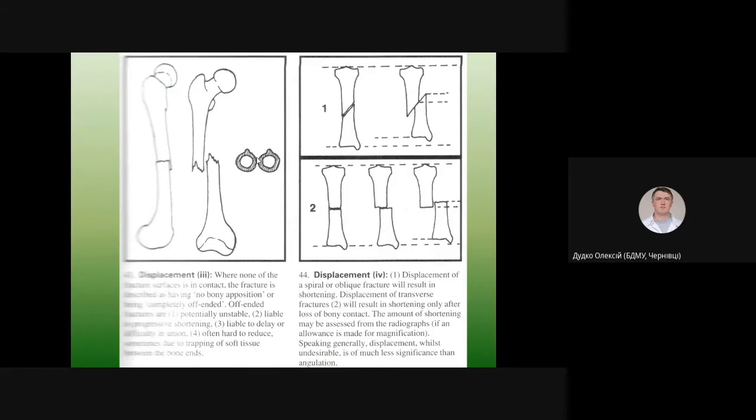For these fractures, first of all, we need to reduce the fracture site, and then we need to immobilize it with one of the methods, surgical or non-surgical. If the fracture type is oblique, or we have a big plane of fracture, we don't expect significant problems with fracture healing, but we have problems with stability.